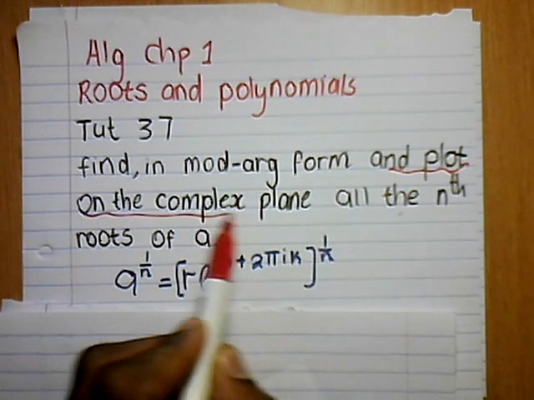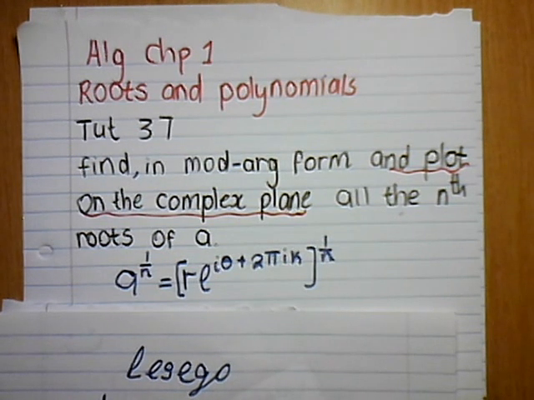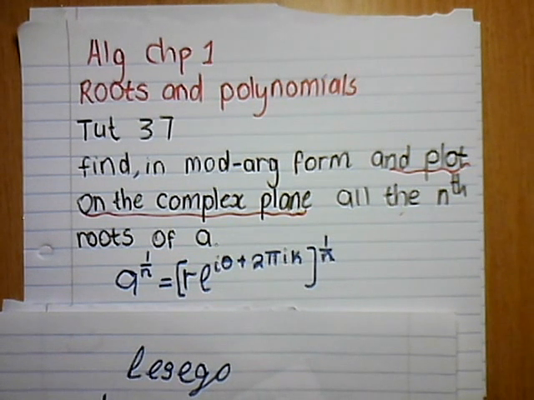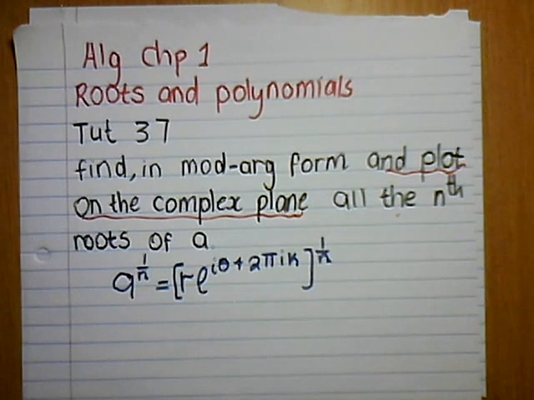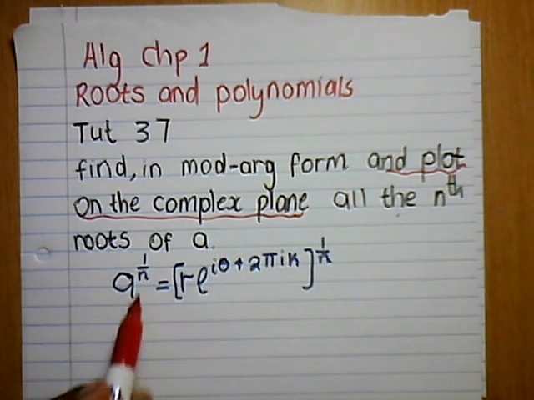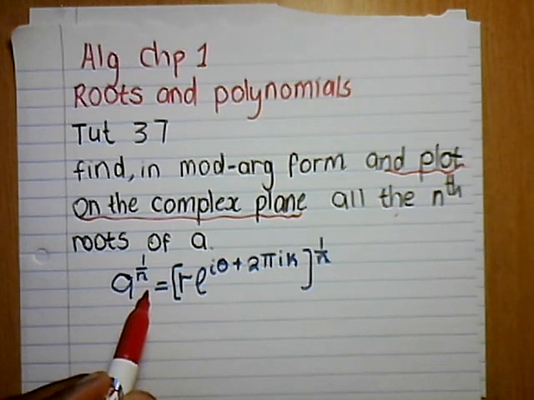My aim is to demonstrate how we can determine the roots of a complex number. To remind you, before we work on our questions, a is our complex number, and we want to find the nth root of a.